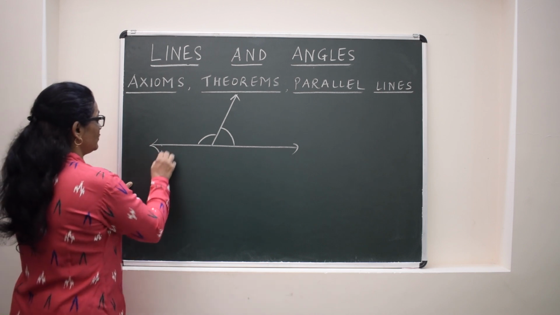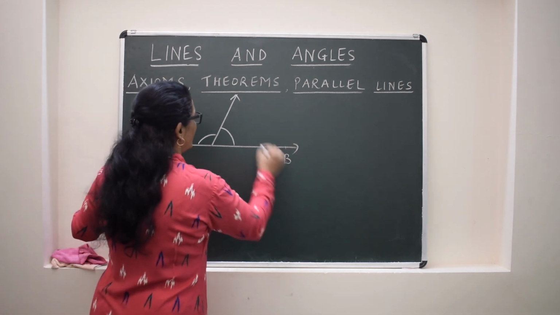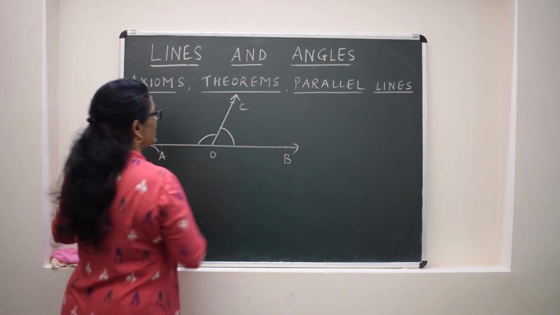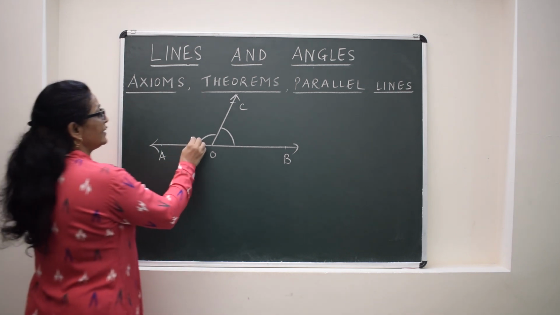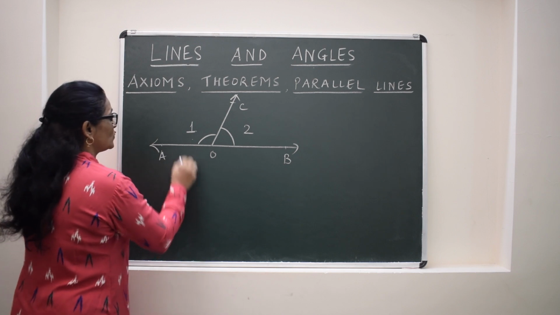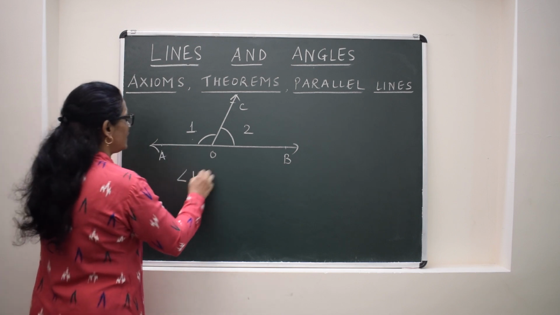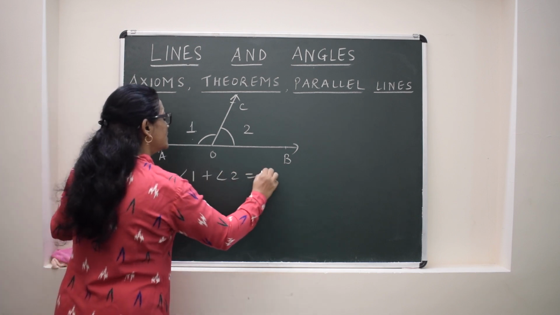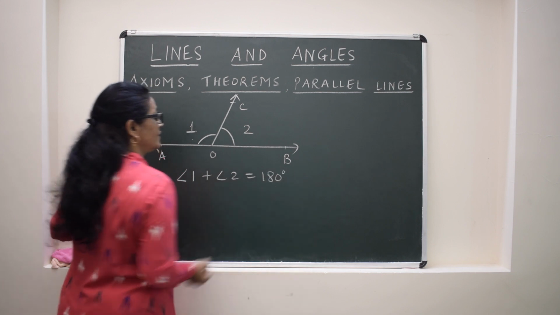So a line AB is formed and a ray OC falls on that. Then these two angles, this is angle 1 and this is angle 2. So the axiom says that angle 1 plus angle 2 is equal to 180 degrees.